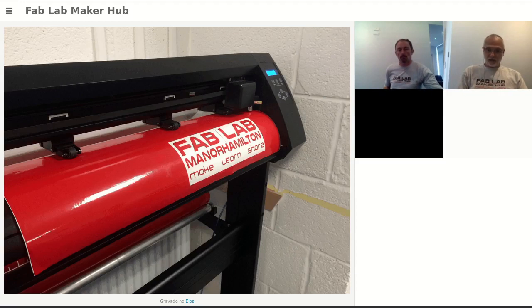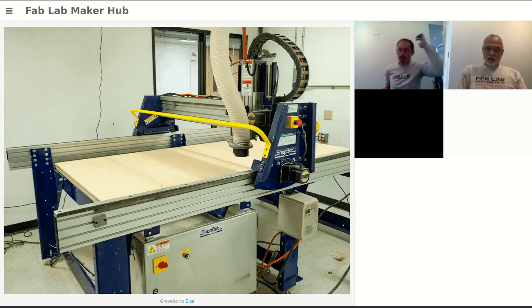Vinyl cutters are another machine that we have in the Fab Lab. Vinyl cutters take rolls of sheet vinyl and can cut out signs, and they can even cut out tracks for printed circuit boards. And then we have large format CNC machines. We didn't have room for a large format CNC machine where we were.